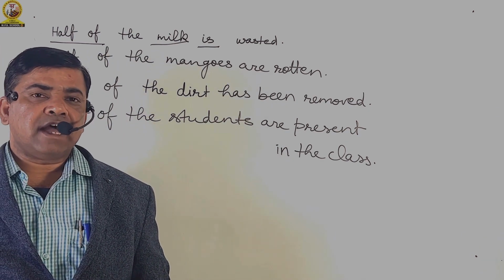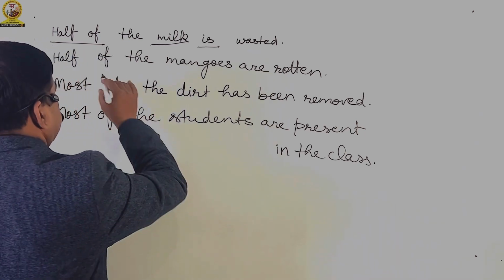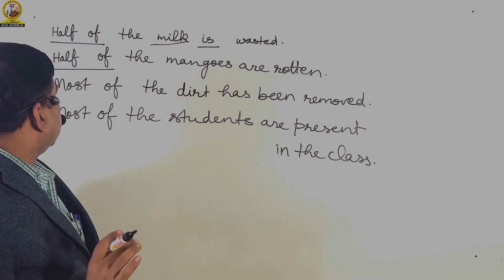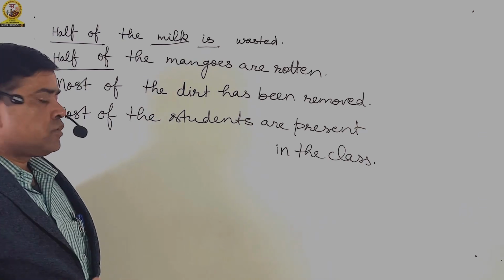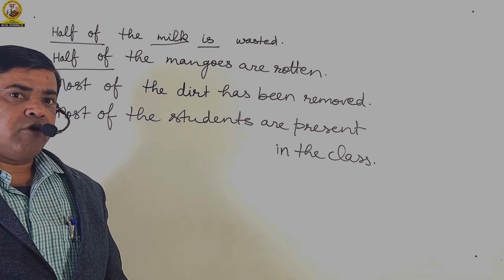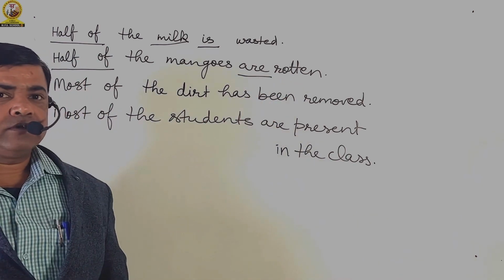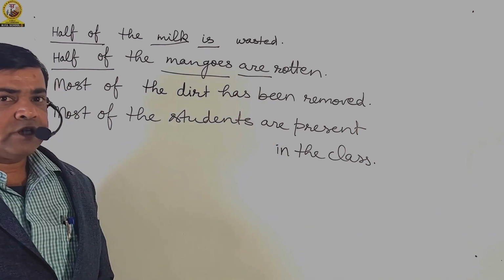It means आमों में से आधा सड़ा हुआ है. Here, after the indefinite adjective of number, we have used the plural countable noun mangoes. So we have used a plural verb with it. Here mangoes is a plural countable noun.